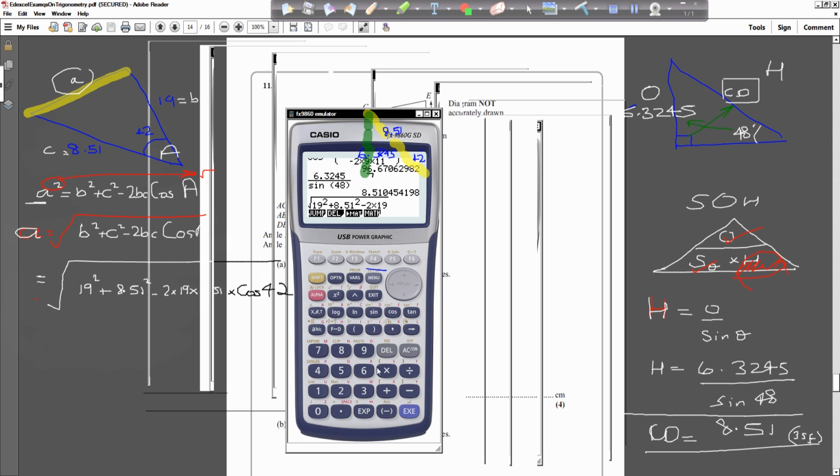Do you put brackets inside? It shouldn't matter. You can put them in if you like. Times by 19. What's the next value, folks? I've lost my number. 8.51. 2 times 19 times 8.51, then times cos.